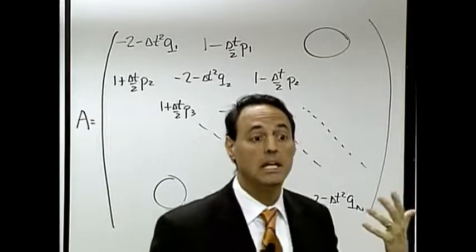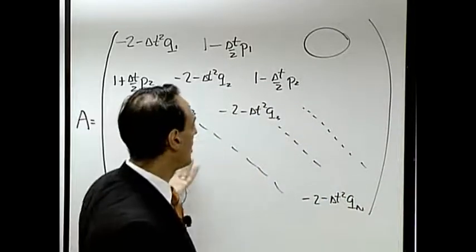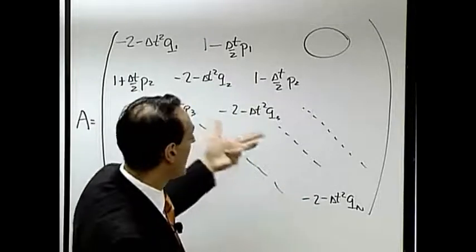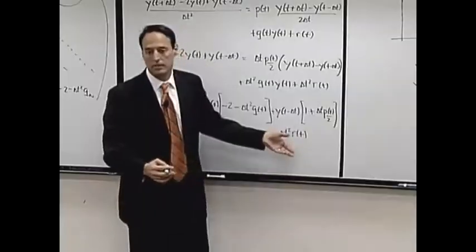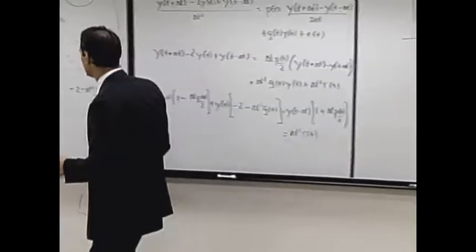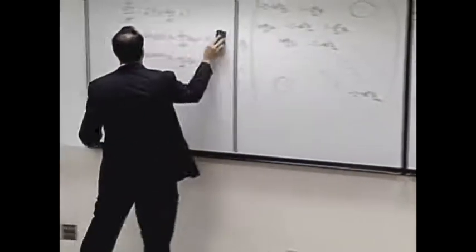Now what about the vector B? Associated with the B is the right-hand side of this. The B is right here. Delta t squared r of t. So this is pretty easy, actually. The B vector is easy to construct because this is just what's on the right-hand side. So let's do it over here on this board.